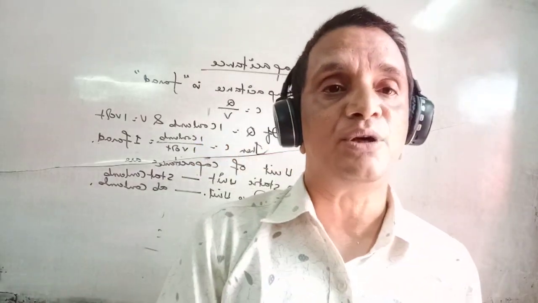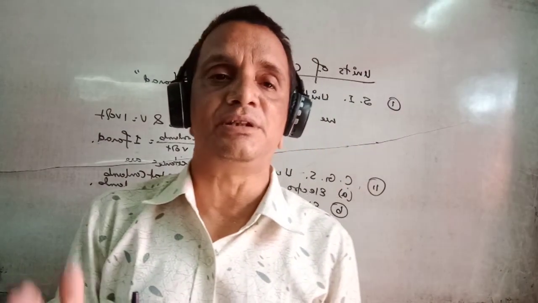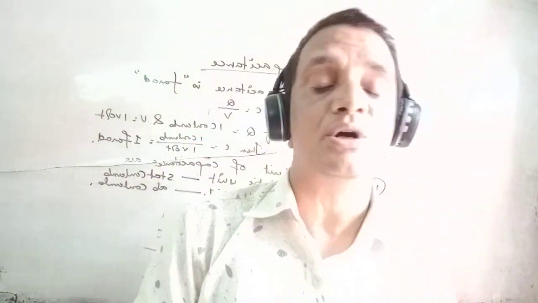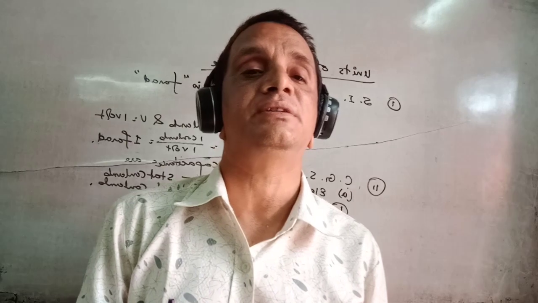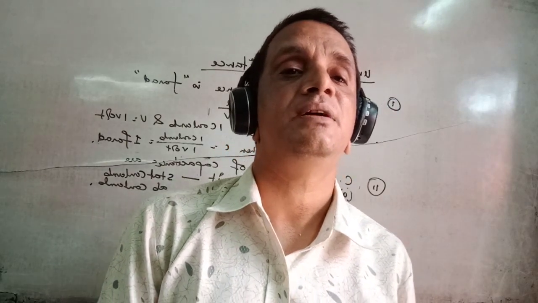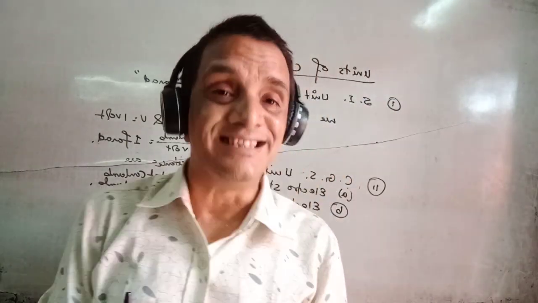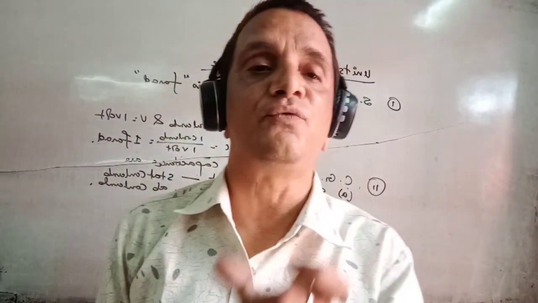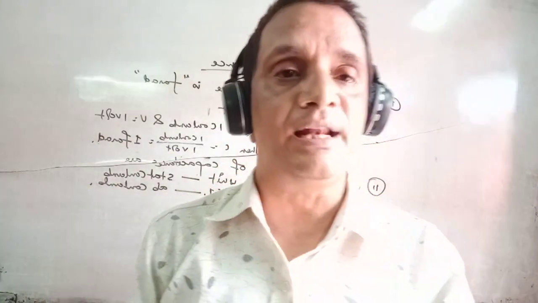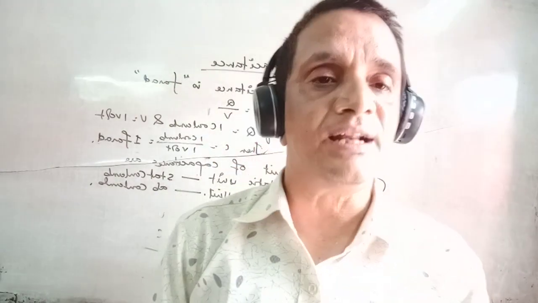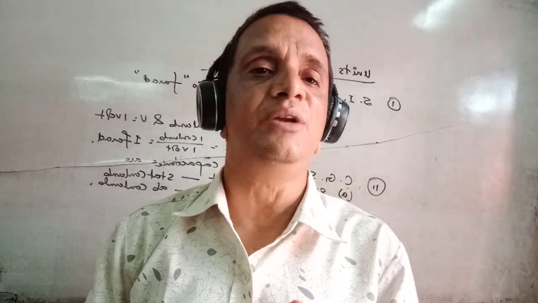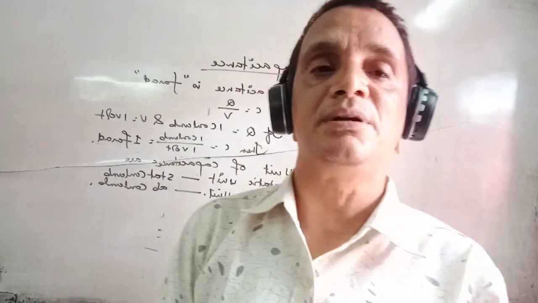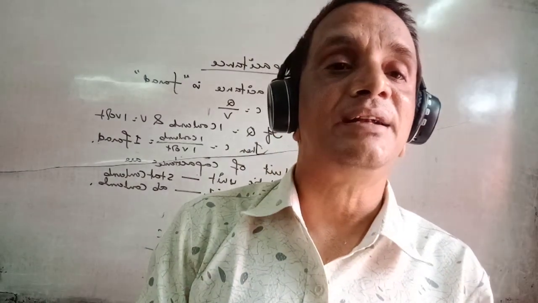If a charge of 1 ab coulomb is required to raise the potential through 1 ab volt, then it is 1 ab farad. These are the definitions, and our next topic is the relation between farad and stat farad, farad and ab farad, and stat farad and ab farad.